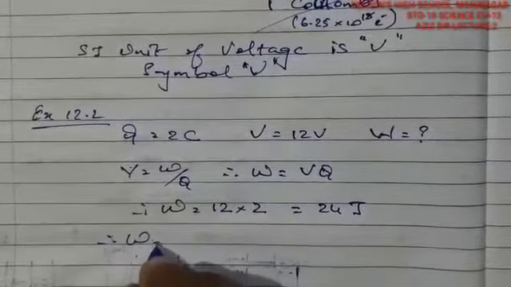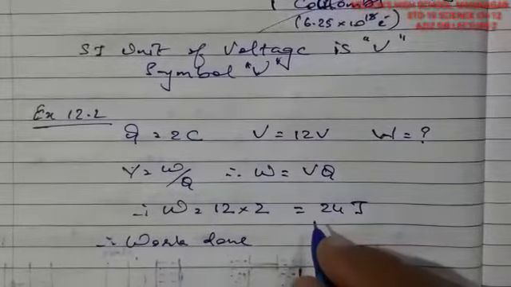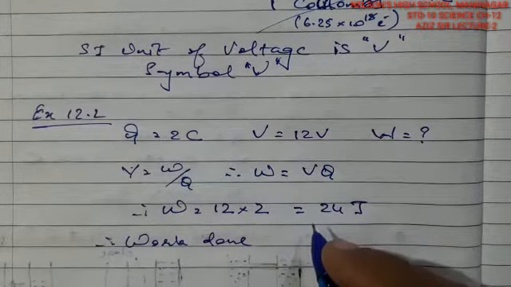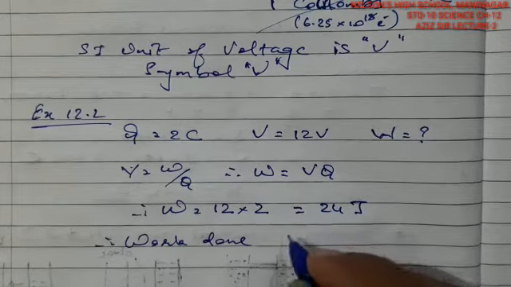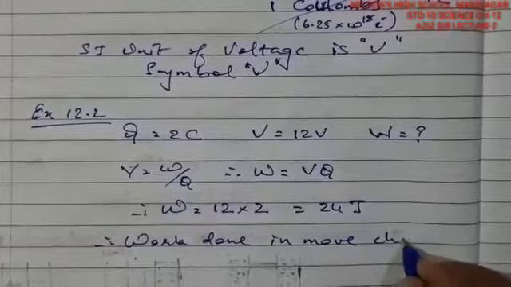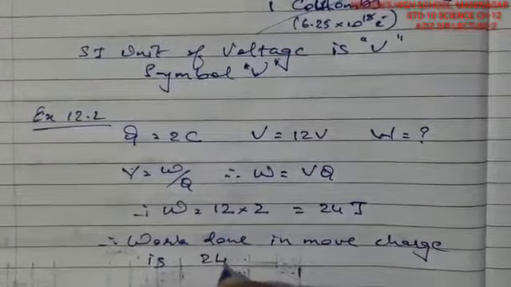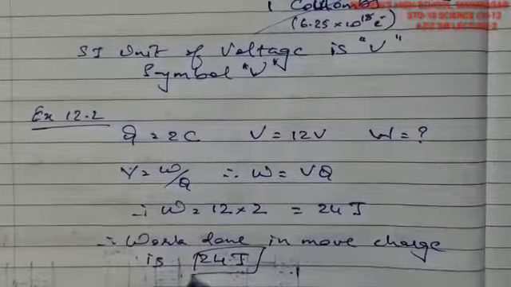So therefore work done in moving charge is, in this case, 24 joules. So this is your answer.